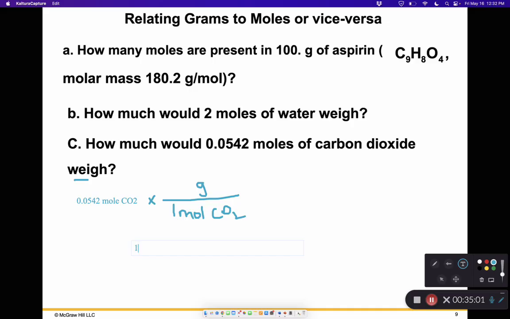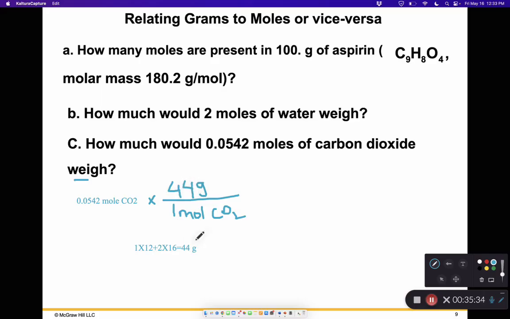There is 1 carbon, so I multiply 1 by 12, the atomic mass of carbon, plus 2 oxygen, multiplied by the atomic weight of oxygen. That means 12 plus 32 gives me 44 gram. It means that 1 mole of CO2 weighs 44 gram.